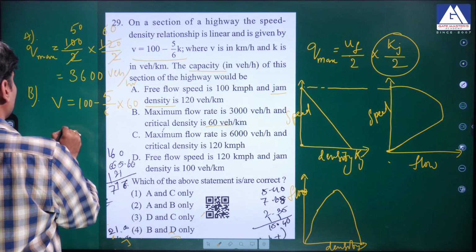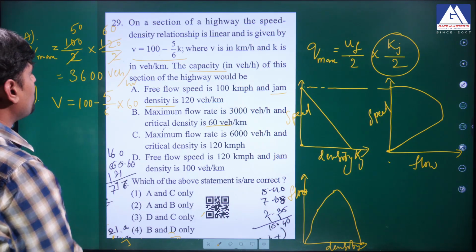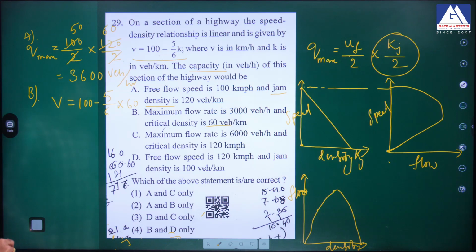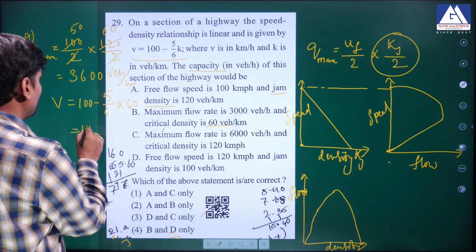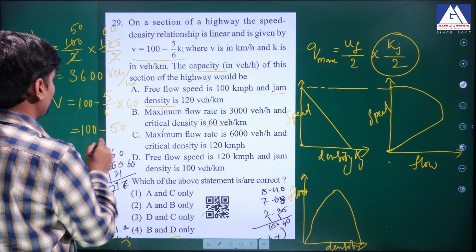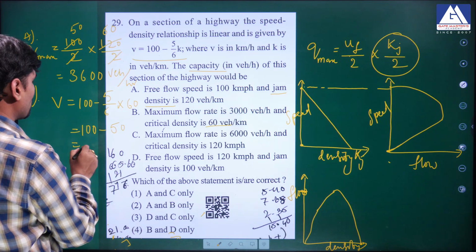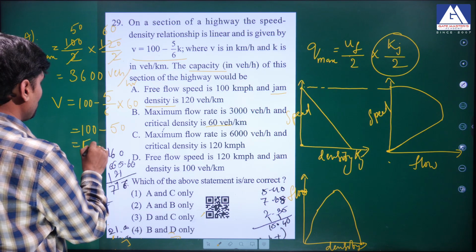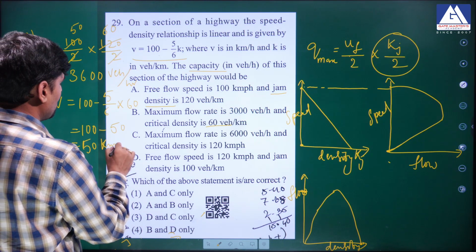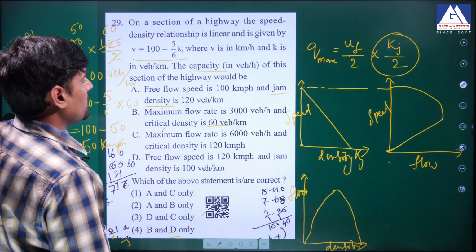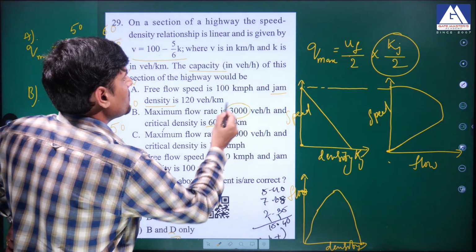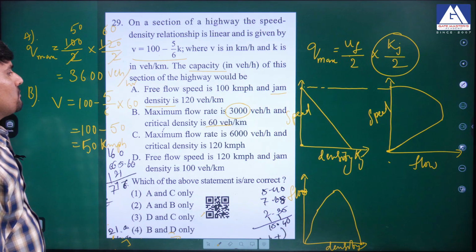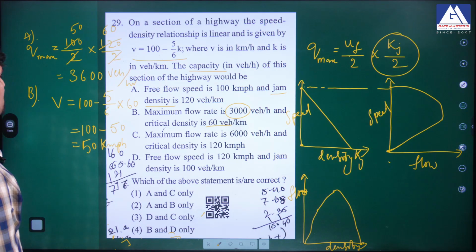So 5 by 6 times 60 is 50, and 100 minus 50, so this V could be 50 kmph, if you want a maximum flow rate of 3000 vehicles per hour.